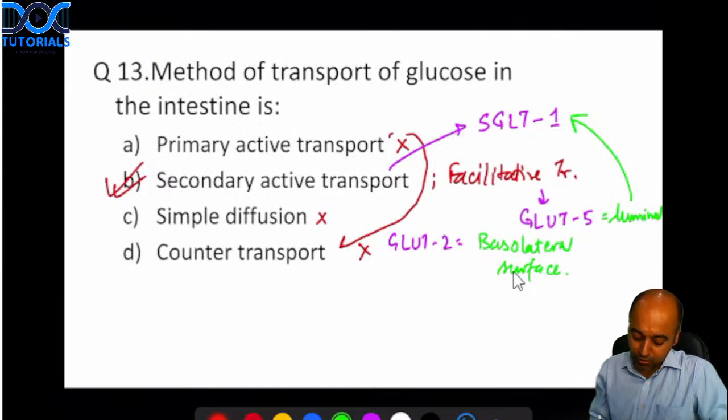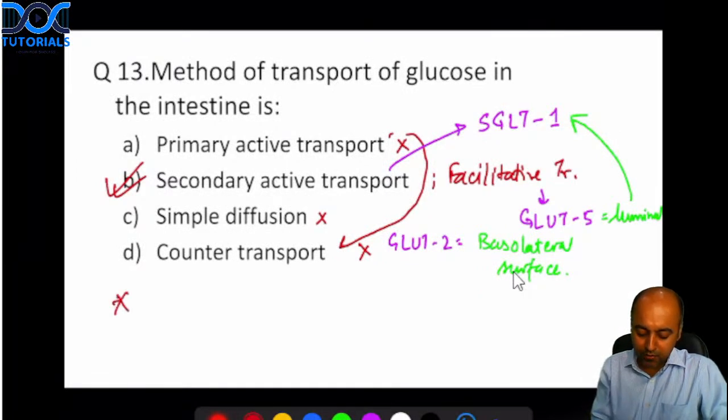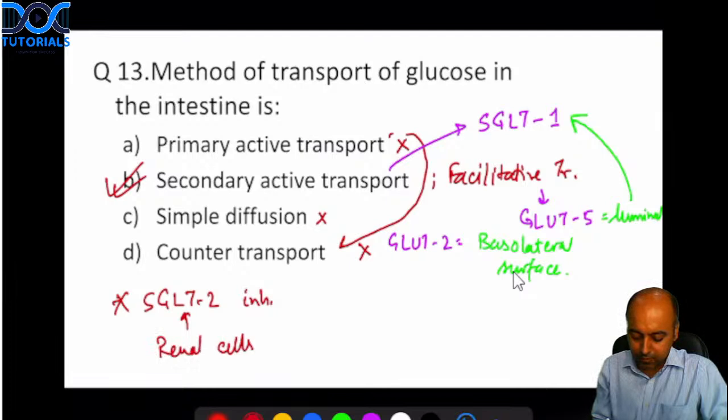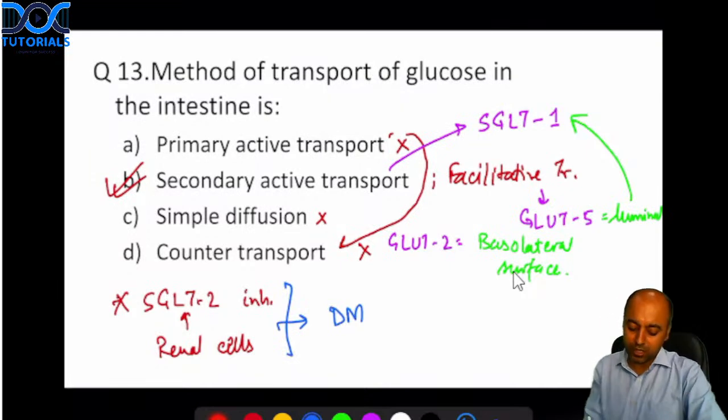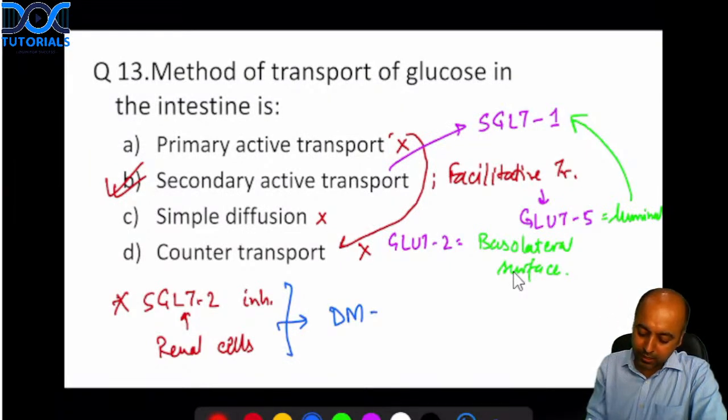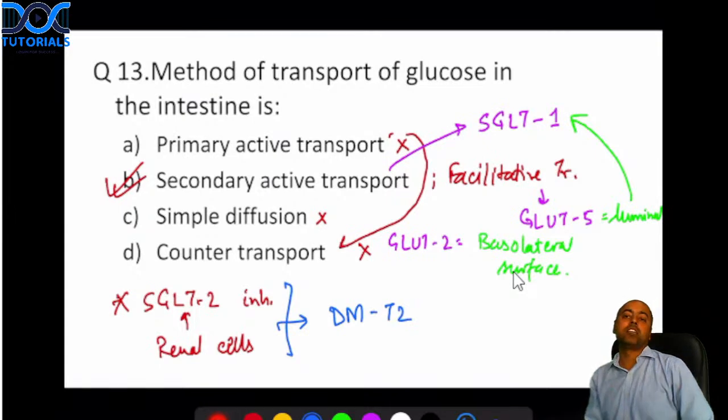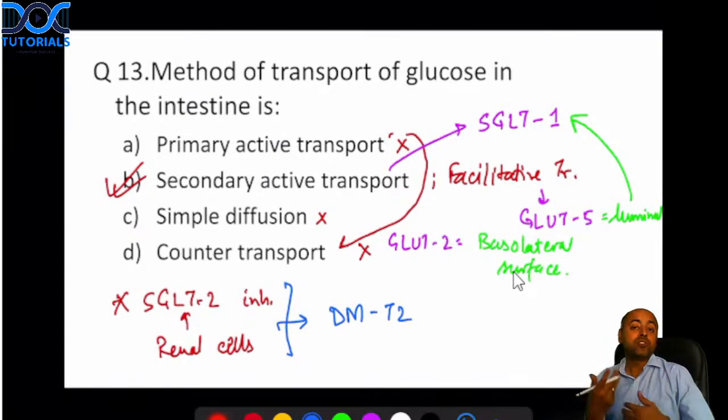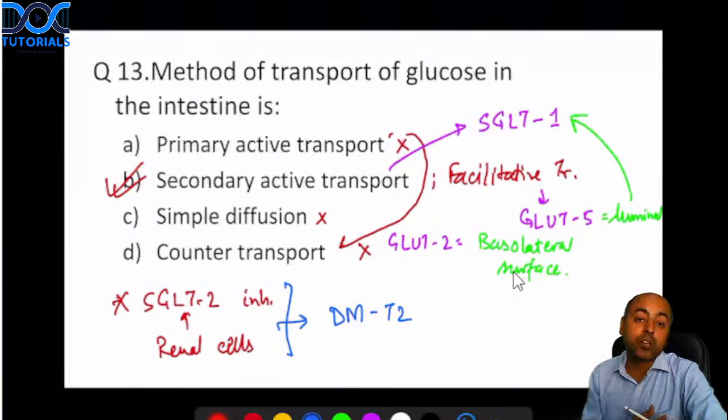Please note, nowadays we also have SGLT2 inhibitors. SGLT2 is commonly present in the renal cells. SGLT2 inhibitors are commonly used for control of sugar, particularly in type 2 diabetes mellitus.